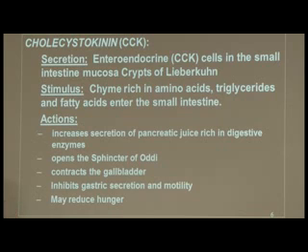Again, it's the movement of chyme out of the stomach into the small intestine that's going to facilitate the release of CCK.